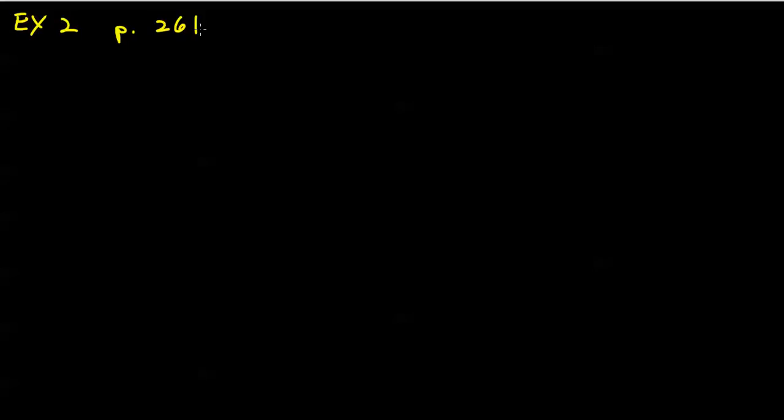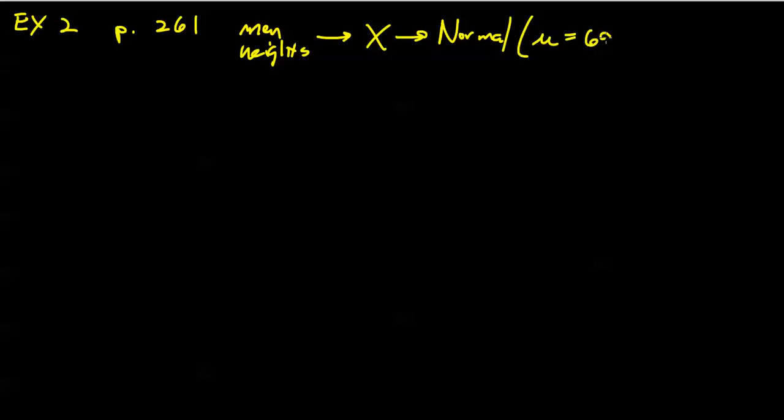Alright, so let me write that down. We claim, or the author claims, that adult men have heights that are normally distributed with a mean of 69.5 inches and a standard deviation of 2.4 inches. Alright, that's a 5 there, believe it or not.